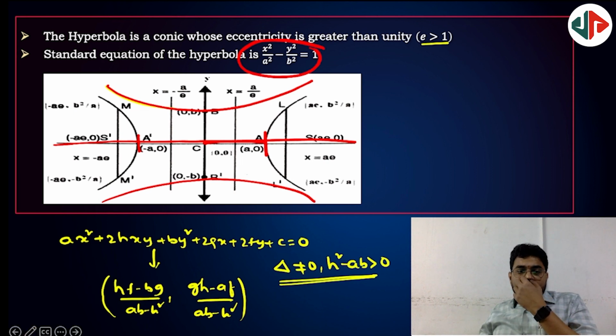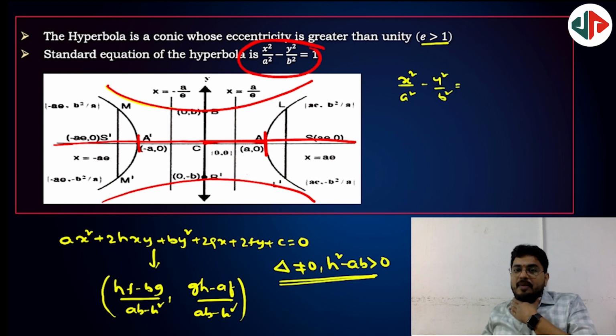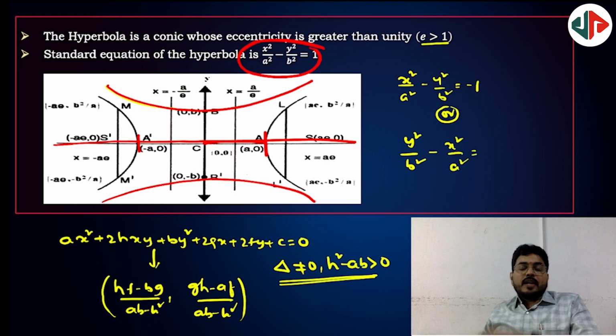And its equation is x square by a square minus y square by b square is equal to minus 1, or we will write it as y square by b square minus x square by a square is equal to 1.